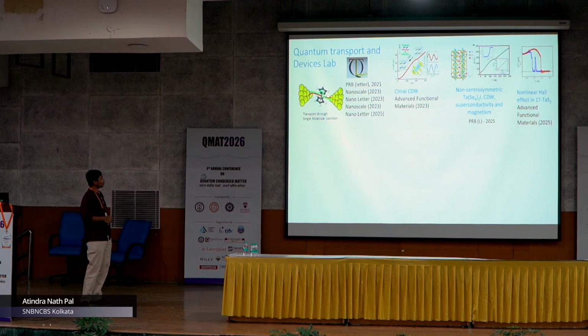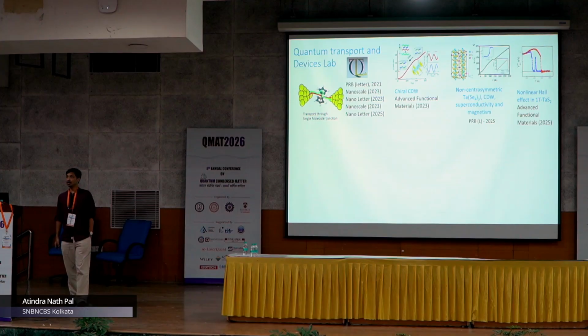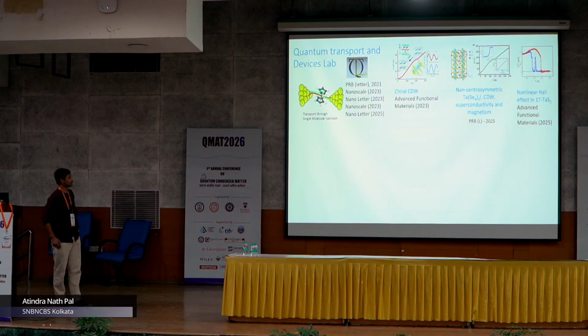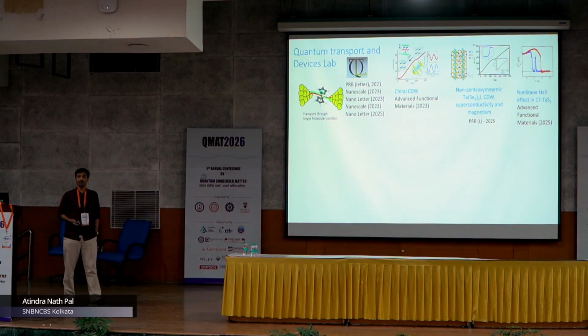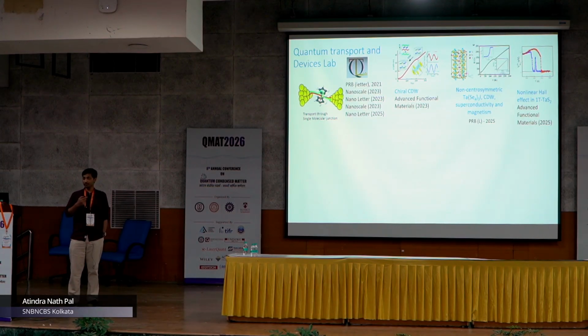We are also looking at emerging materials, particularly charge density wave materials, where you see a charge density wave transition, and as a function of this transition we want to probe various emergent transport features. For example, it can show a planar Hall effect, superconductivity, or even weak ferromagnetism in quasi 1D materials, and in classic charge density wave materials we also found a nonlinear Hall effect.